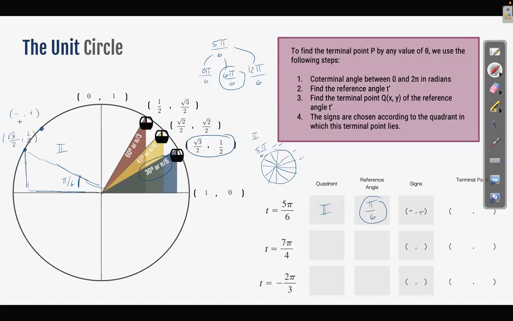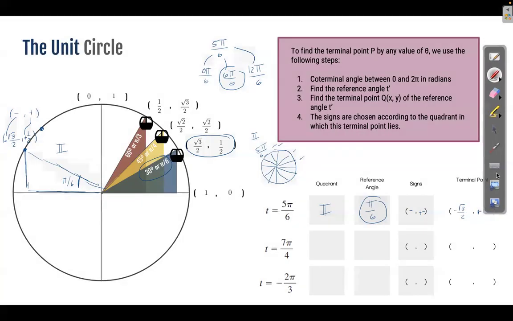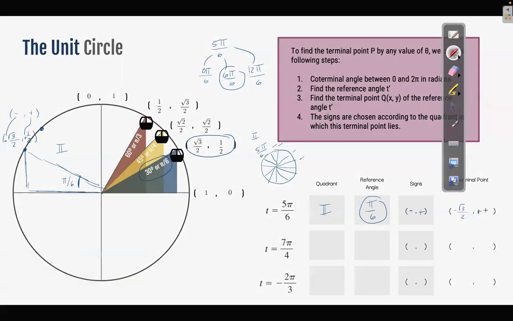But since we are in quadrant number 2, the signs have to be updated accordingly. So at the end, you're going to be talking about minus the square root of 3 over 2, comma, positive 1/2.